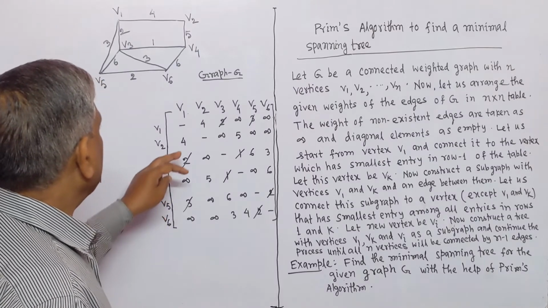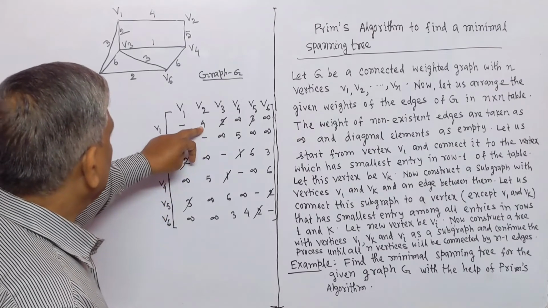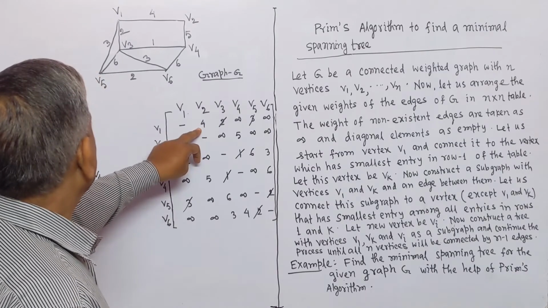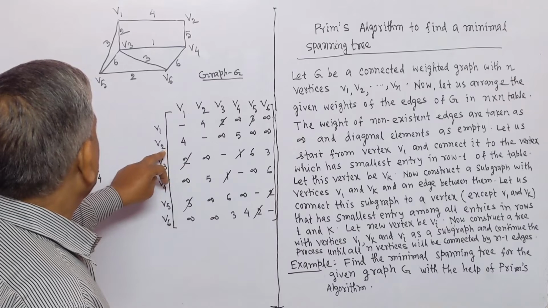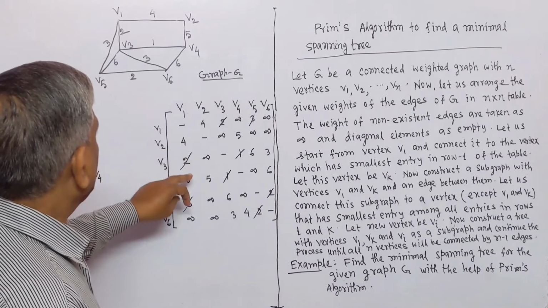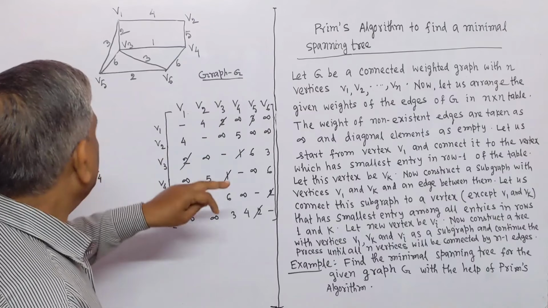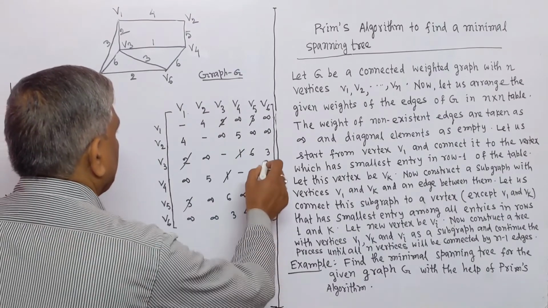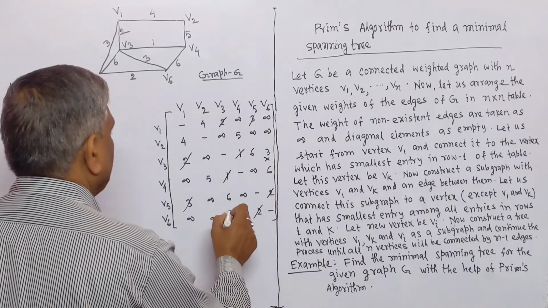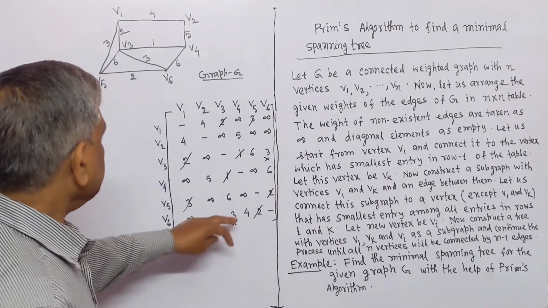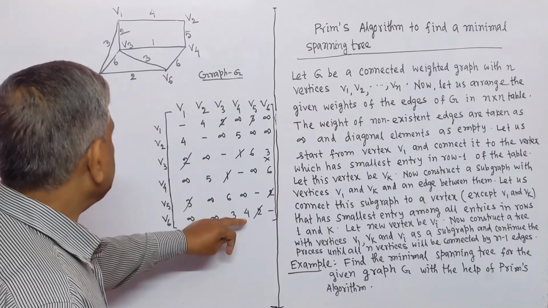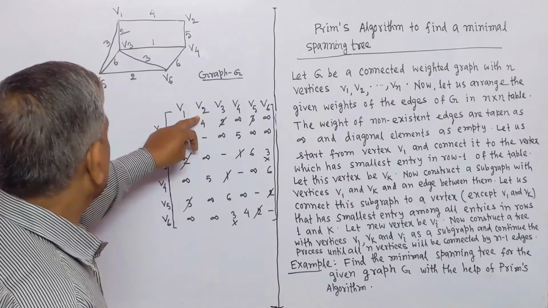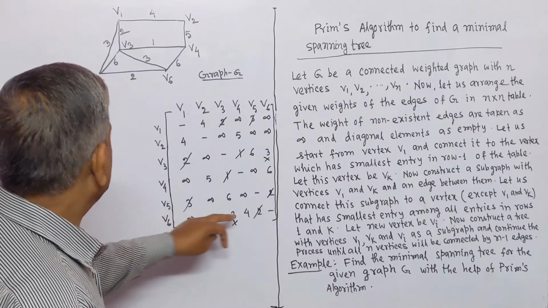The next smallest number here is 4. 4 means V1, V2. Here also 4, V2, V1, and we will not take the 3s, this 3 and this 3. So the smallest number is 4. Here V1, V2. Here V6, V4.